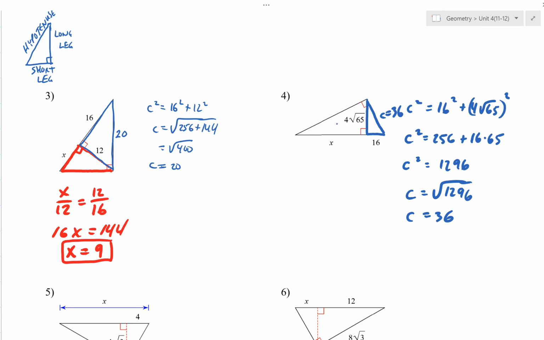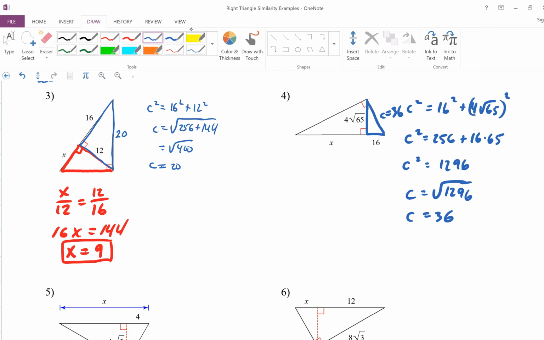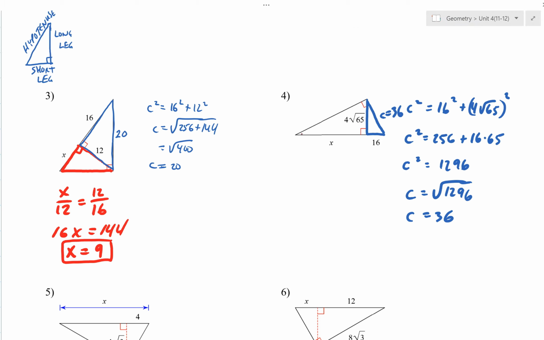So let's see, in this red triangle, we have the short leg and the long leg. In the blue triangle, we have all three sides, so we can use the short leg and the long leg in that one as well.